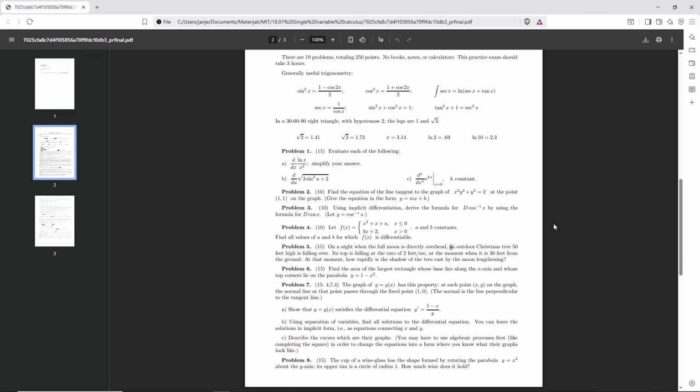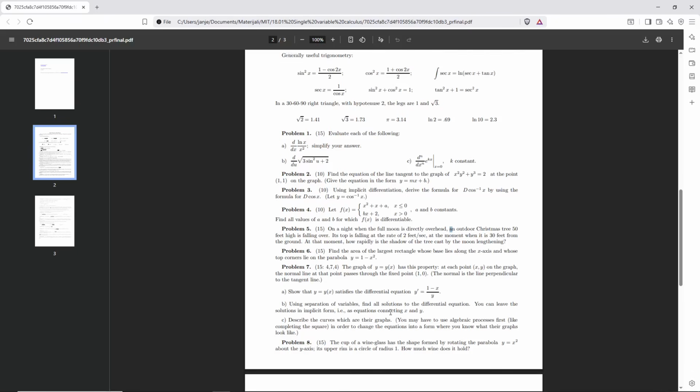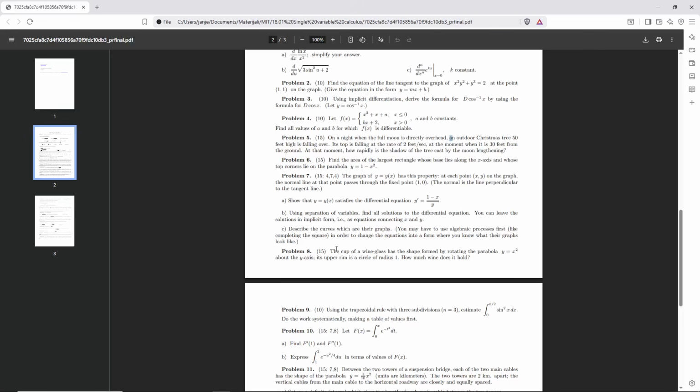And in part B, we're going to use the separation of variables technique to solve this differential equation. In part C, we're going to describe the curves, which is going to be straightforward from the obtained result of the differential equation.